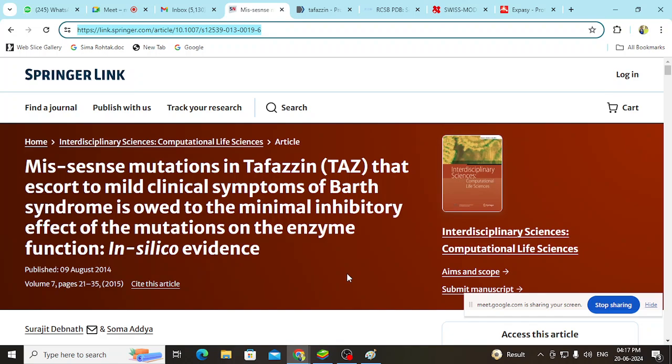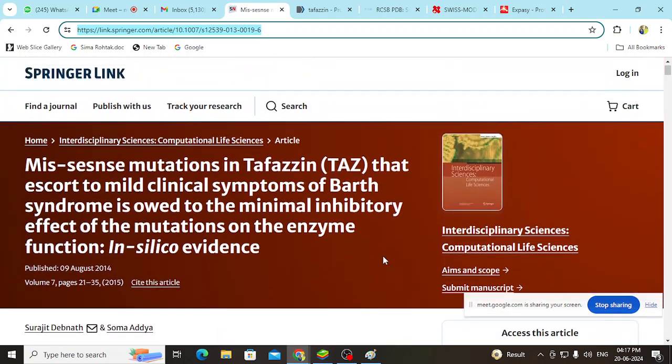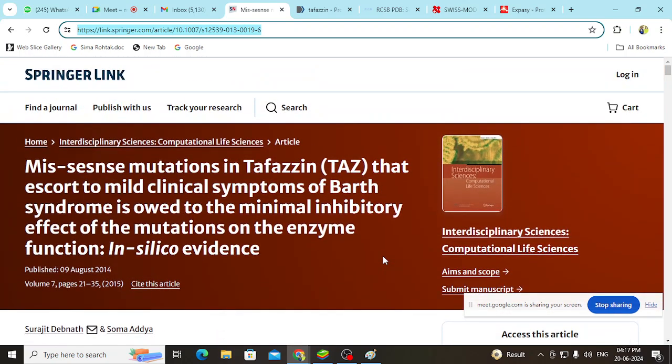That protein is mutated, and if the mutation is limited, meaning it does not alter the structure of the protein rapidly, then there will be some mild clinical symptoms. Mild clinical symptoms means the patient will not suffer severe cardiac abnormality, and will not be in a very alarming situation.